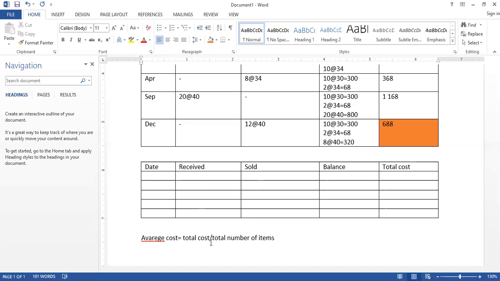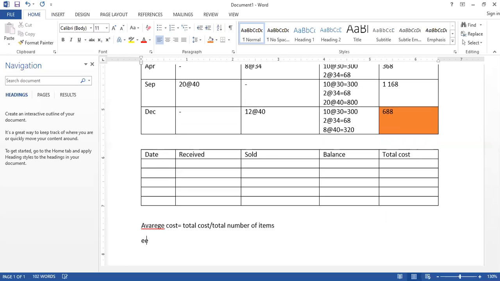That's how you get your average cost. And it says that every time you buy, calculate your new average cost.